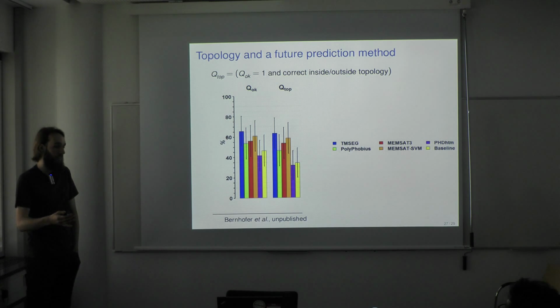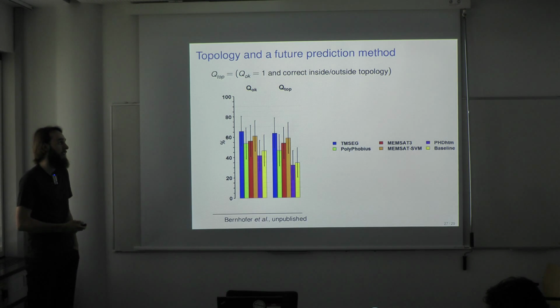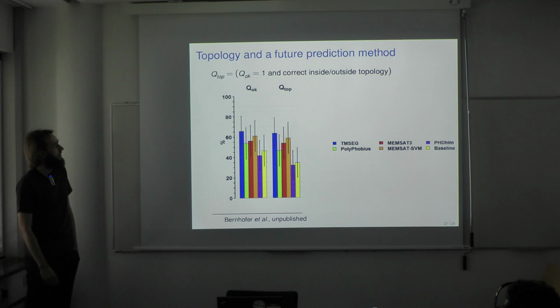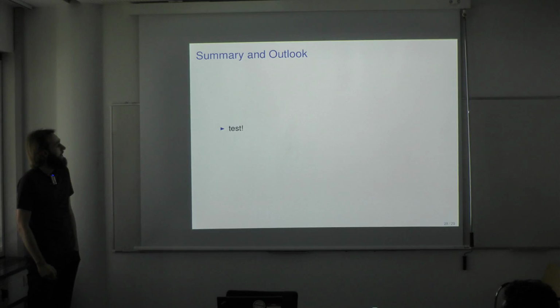So the QOK is 1, the protein is correctly predicted, and then you also correctly predict the inside-outside topology. The performance of this method transfers quite nicely between the two, so also having to get topology does not really diminish the score. Okay, but this is just as a short notice, it's not published yet, but it hopefully will be soon.